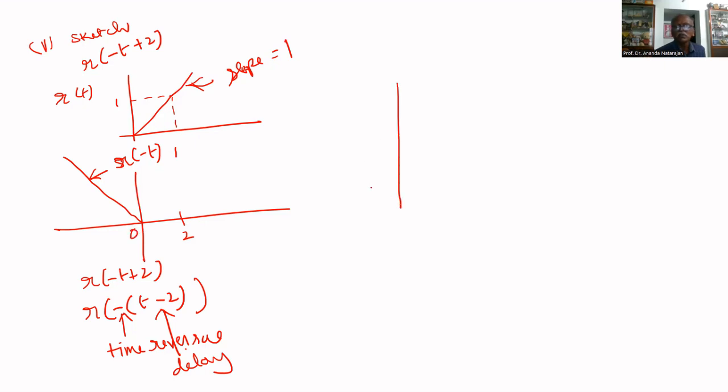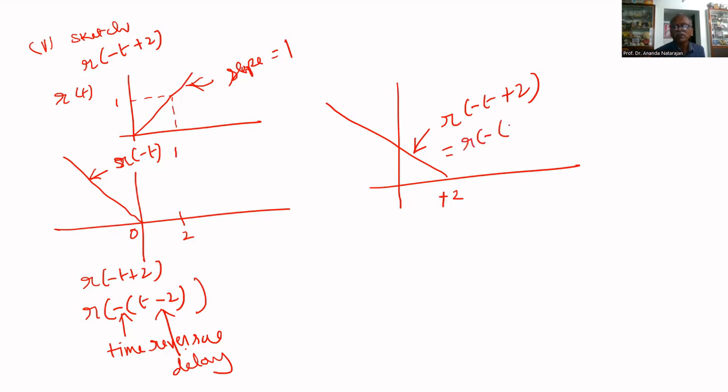So now this is r of minus t. If it starts at 2, then it is called r of minus t plus 2. This is also equal to r of minus of t minus 2. This minus sign is for time reversal, this minus sign for delay.